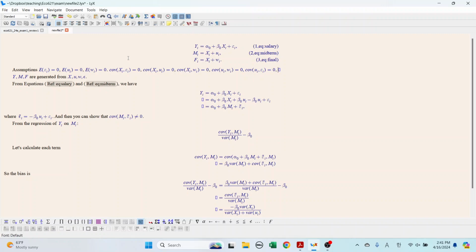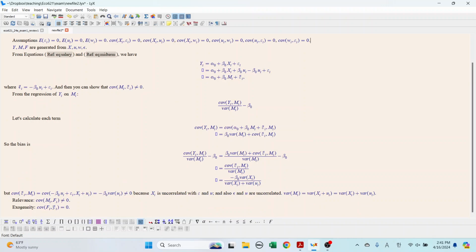Everything is 0. You have to assume that all the underlying variables are pairwise uncorrelated, right? So you can think about all the pairs and they are all uncorrelated. Then you can show this easily. Okay.